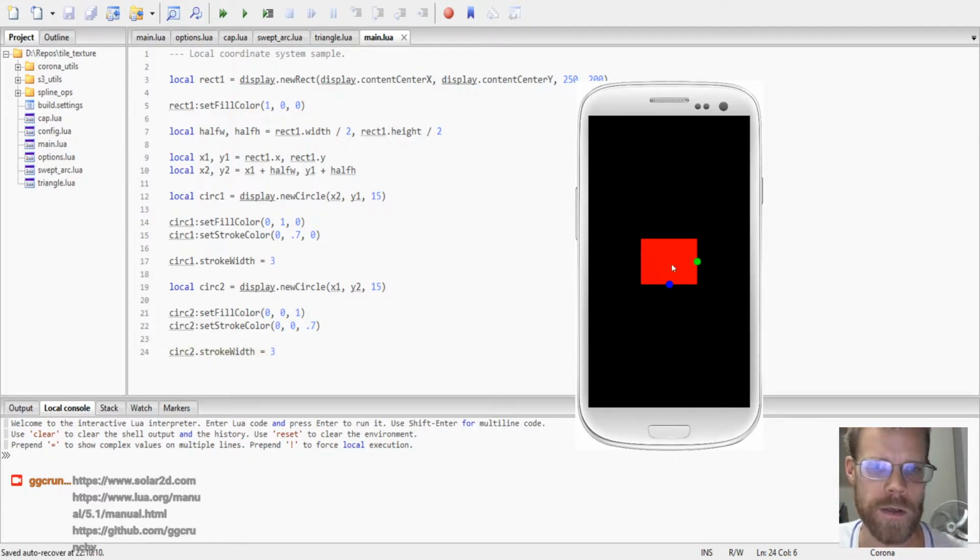So increasing X, increasing Y, and the Y increases downward because it's computer graphics. So that's quite common. And let's put something else down a little further.